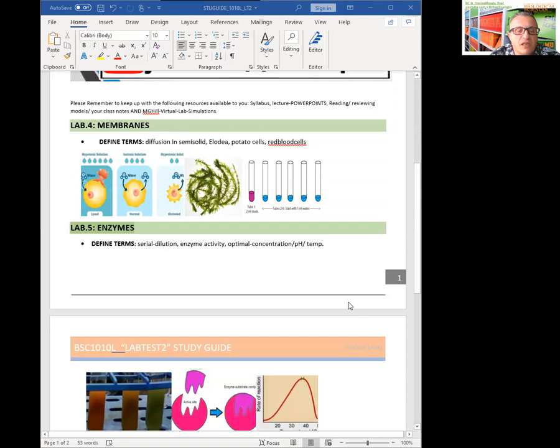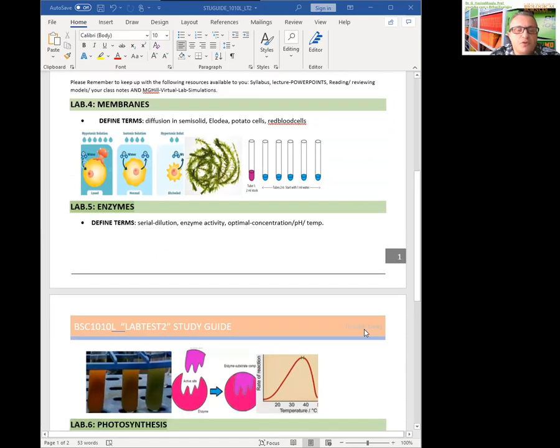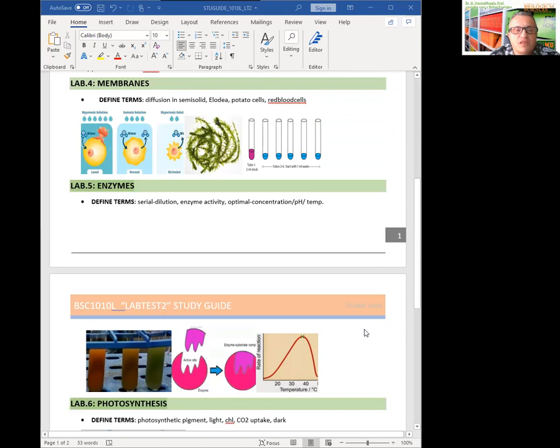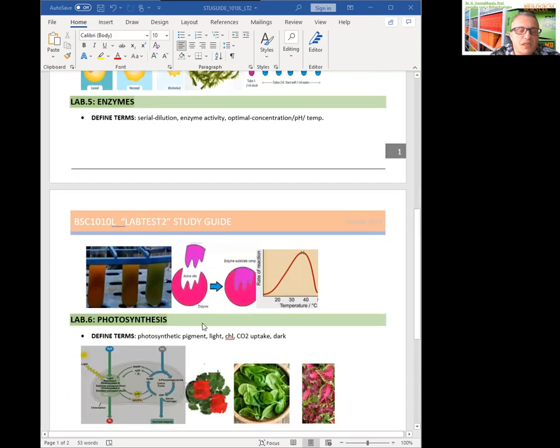Serial dilution was also applied in the Enzymes Lab in order to find the optimal concentration of the enzyme. We used the enzyme salivary amylase to find optimal concentration, optimal pH, and optimal temperature. Always remember, enzyme and substrate work like a key and lock model.